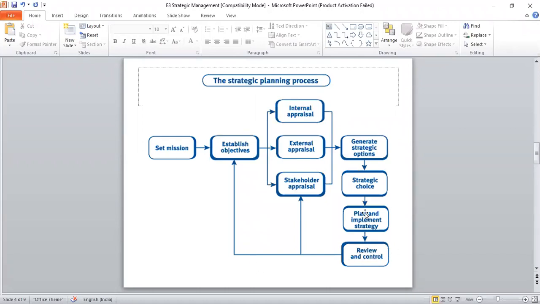When the implementation takes place, after the implementation, there is feedback which is given, while they are implemented, and also feedback to see that the objectives are revised if they are not feasible.